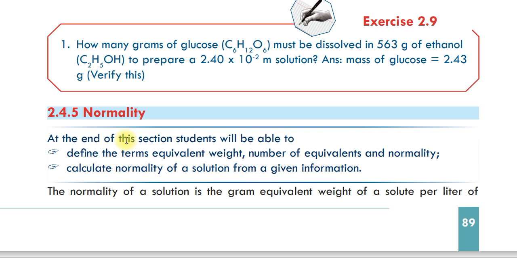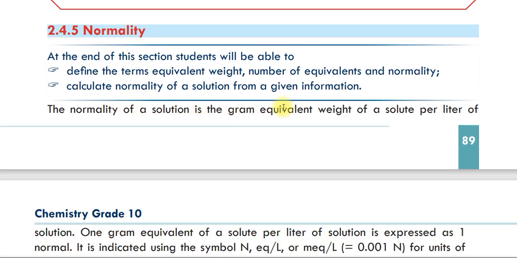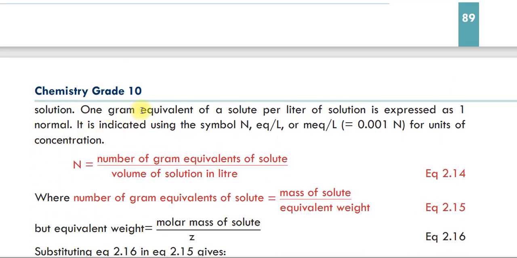ሌላውና የመጨረሻው concentration of a solution express የምናደርግበት way normality ነው። The normality of a solution is the gram equivalent weights of a solid per liters of a solution ብሎ ዲፋይን ያደርገዋል። It is the gram equivalent weight of the solid per liters of a solution that is called normality. 1 gram equivalent of a solid per liters of a solution is expressed as 1 normal ተብሎ ይገለጻል። 1 normal, 1 gram equivalent of solid per liter solution ስንት? 1 normal.